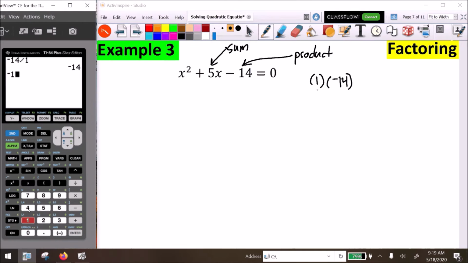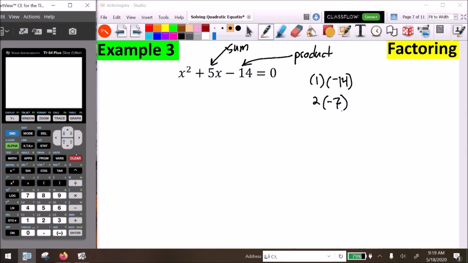How many times does 2 go into -14? -7 times. And we didn't find the pair that multiplies to -14 and adds up to 5 just yet. We only have to check up to the square root of 14, which is 3 point something.